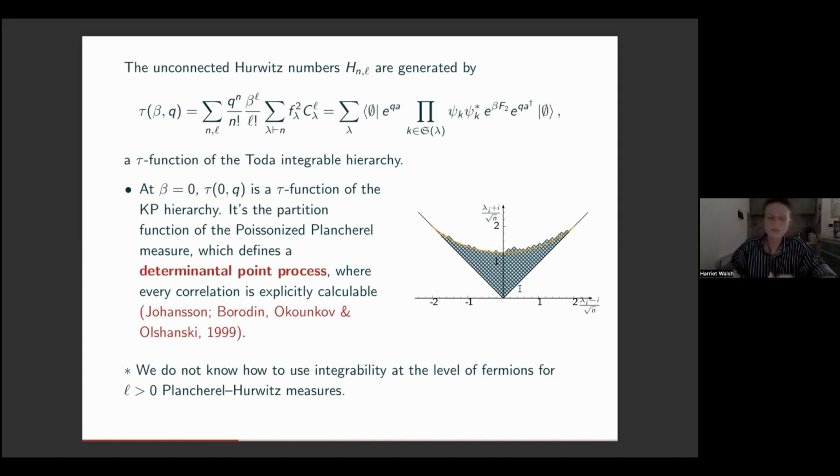So here we know from the structure, because we have fermionic bilinear operators, we know we have some form of determinantal point process, but we don't yet have access to a generating function for the kernel.